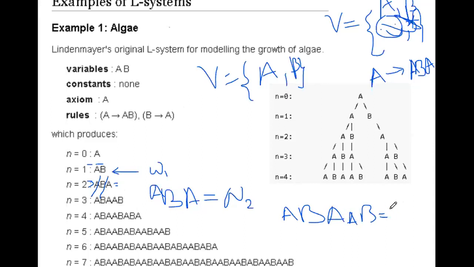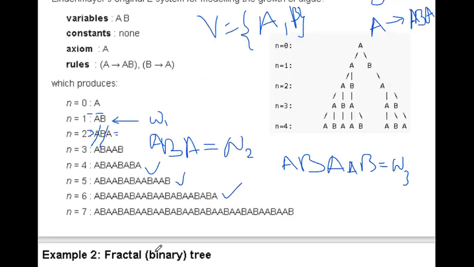I will denote it like that. You can generate the third, fourth, fifth, sixth rewrite, and so on and so forth.